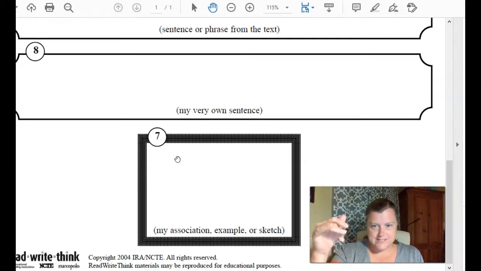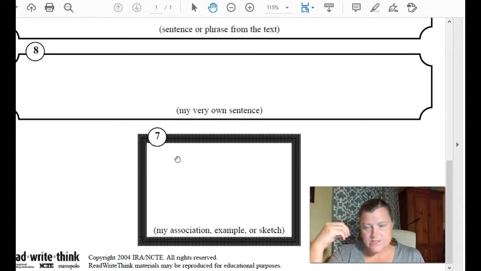Create your own sentence, and not just, I like bucolic. That, first of all, doesn't make sense, and second of all, I cannot tell what the definition is based on your sentence. So you need to use enough context clues in your sentence. And then my association, example, or sketch, something to help you remember the word. Okay.